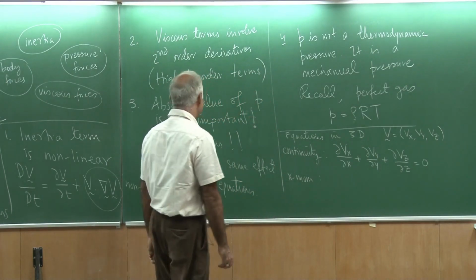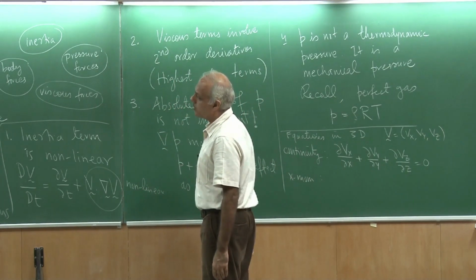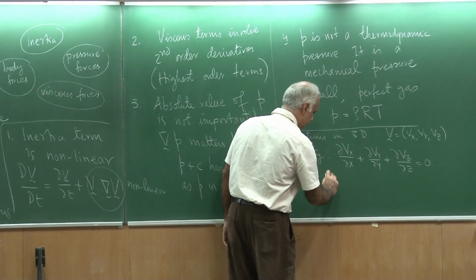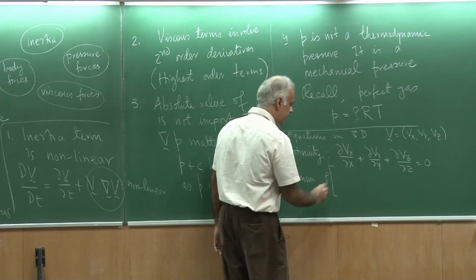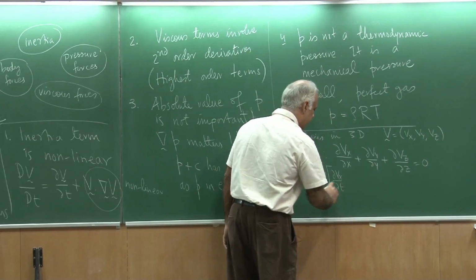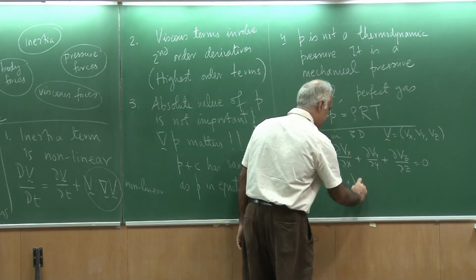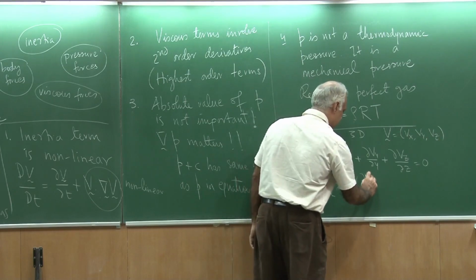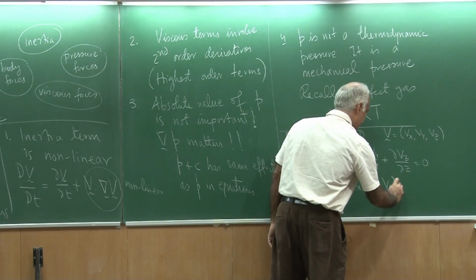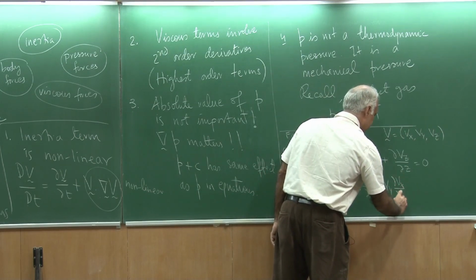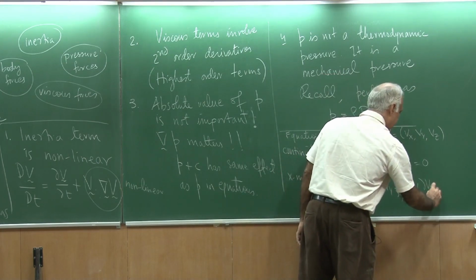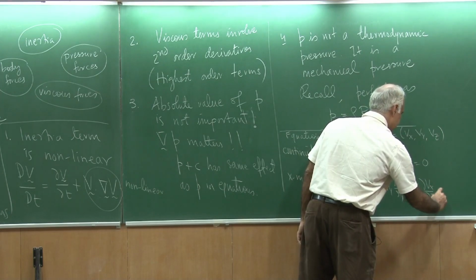The x momentum equation, so I pick the first term from there, rho dv dt, and that term would look something like this. So rho and dv dt I can expand as del Vx by del t plus Vx del Vx by del x plus Vy del Vx by del y plus Vz del Vx by del z.